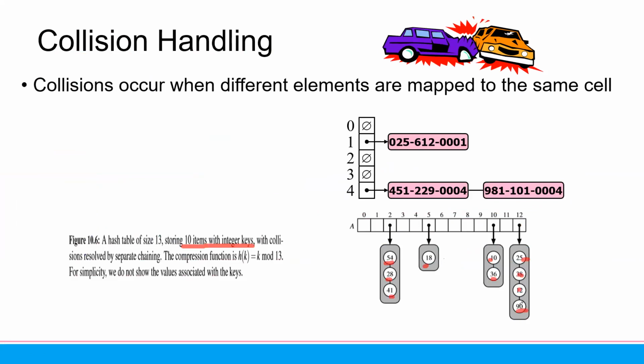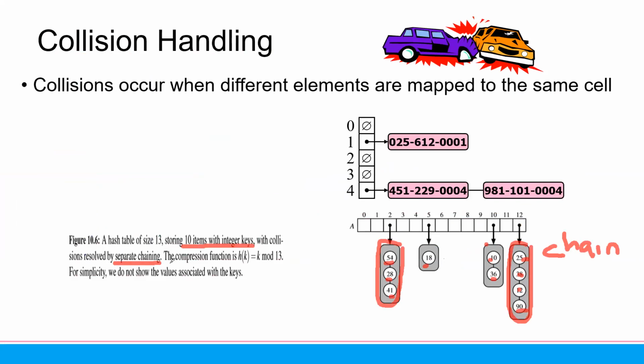We are going to separate them with separate chaining. We call this the separate chain: it is a chain, but the chains are separated. We have another chain.